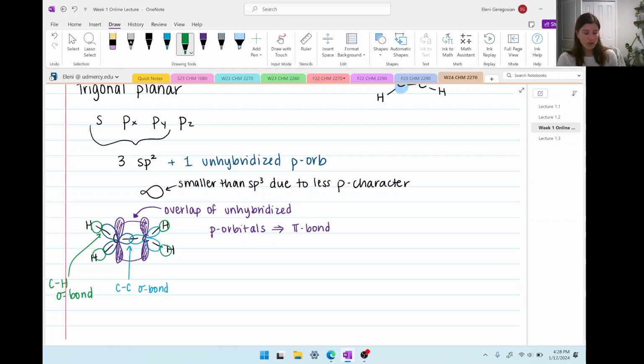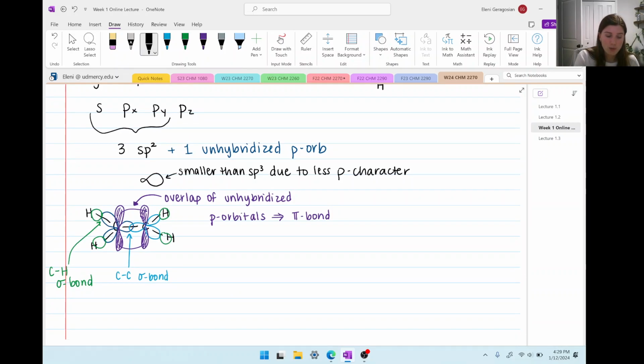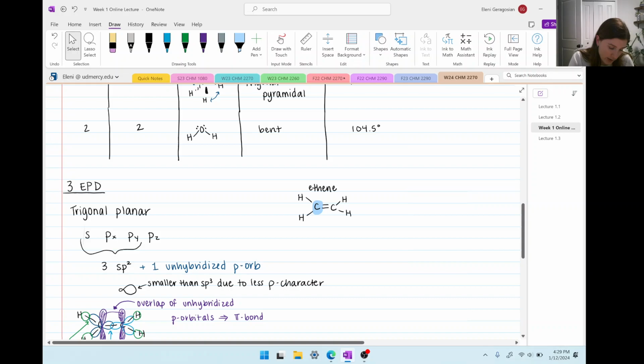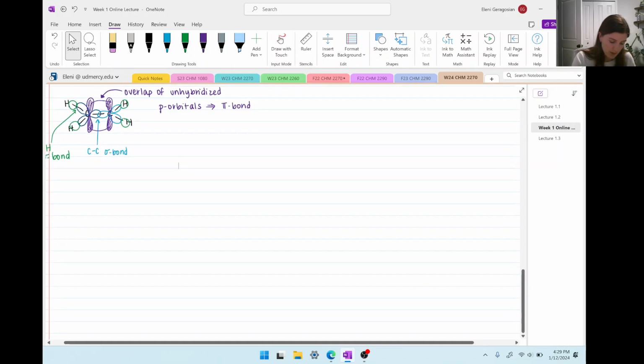So if we now think about if we have one of the electron pair domains as a lone pair, we have slightly different molecular geometry. So let's make another table. I'm just going to make sure it's consistent with this one. So we'll have a table, atoms with 3 electron pair domains.